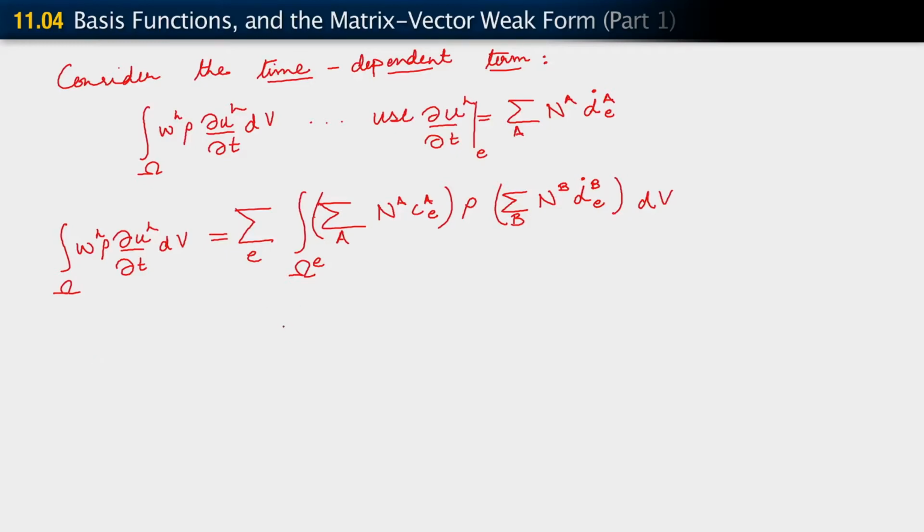Simple as that. I'm just going to carry along this sum over E as well, because we've done this sort of thing so often in the past that we know how it all works out. So this is a sum over E. As before, now I'm going to pull out the sums over A and B. We have here C, A, E, integral over omega E, NA, rho, NB, dV.